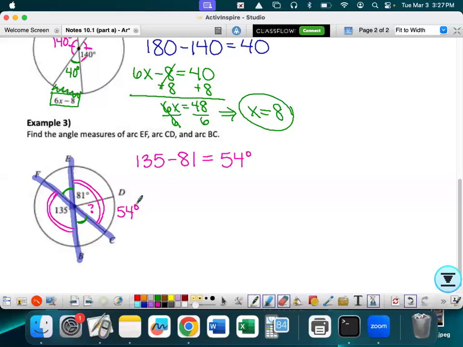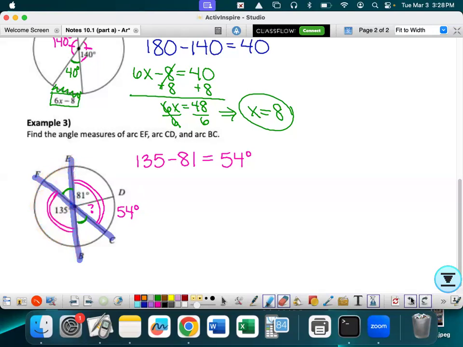Okay. Now, how can I figure out my green angles? I think this time I'm going to go with that half circle idea again. I'm going to highlight for now, but then I'll get rid of it. Remember, we have half a circle there. Half a circle is how many degrees? 180.